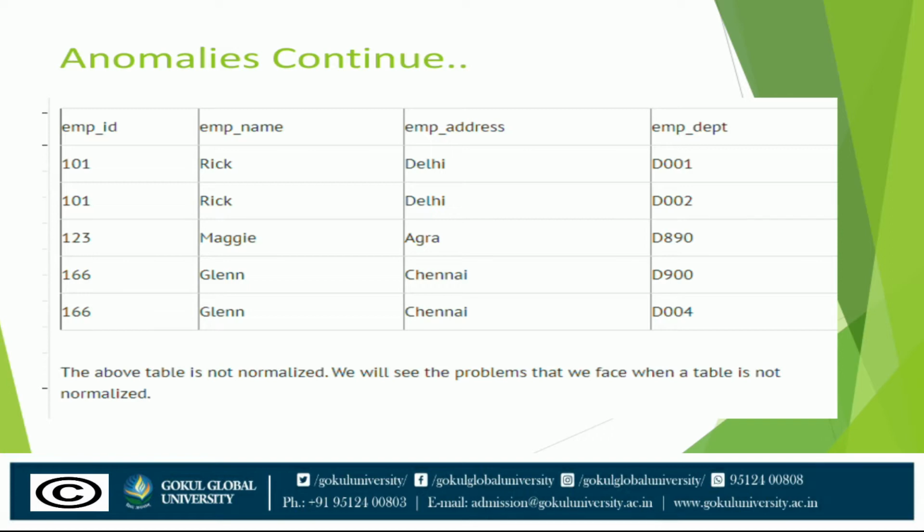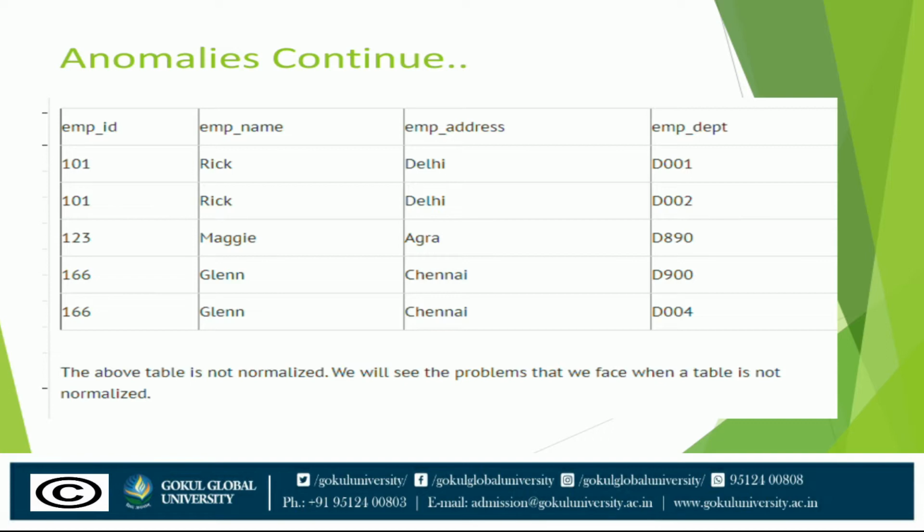Now insert anomalies. Suppose a new employee joins the company who is under training and currently not assigned to any department. Then we would not be able to insert the data into the table if the employee_department field does not allow nulls. It is the insert anomaly.